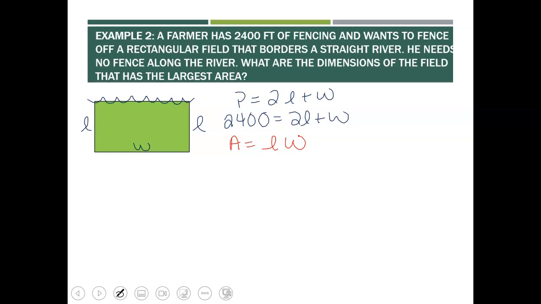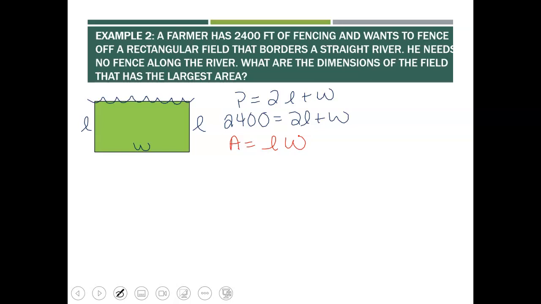Right now, I have area, which I'm trying to maximize, but area currently has multiple variables. So do we know how to maximize something with multiple variables? So we have to use information we know to get rid of a variable.